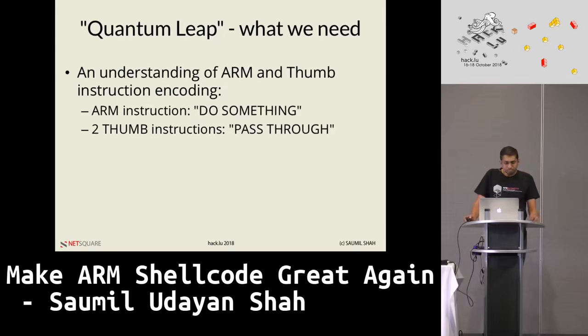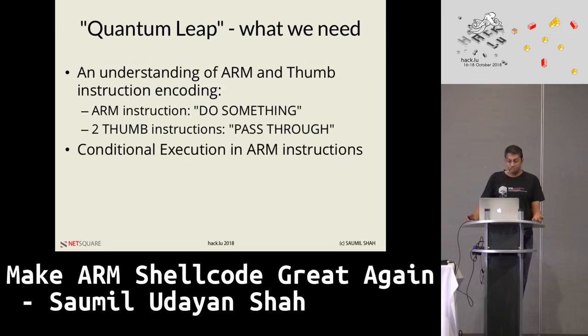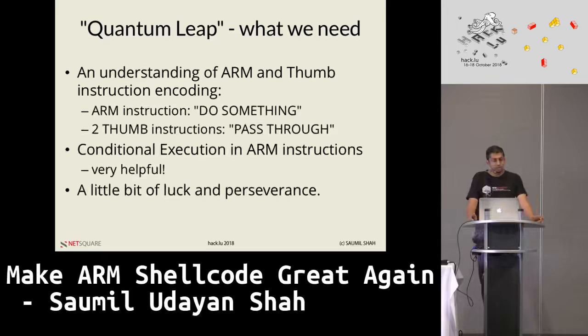And there's no formal theory of doing this. Polyglots are all about lateral thinking. So one of the things that struck me as very interesting studying ARM instructions was that all ARM instructions can be made conditional, predicated instructions. Any instruction can be applied with conditional checking so that the instruction triggers only if a condition is met or not. So this becomes very helpful. And then, of course, you need some luck and perseverance and iterations.